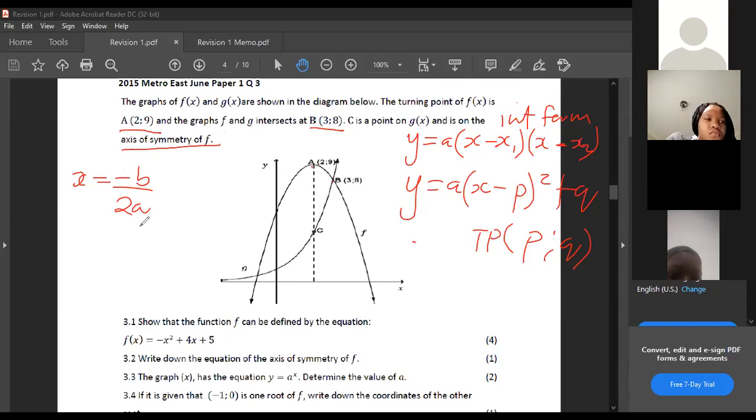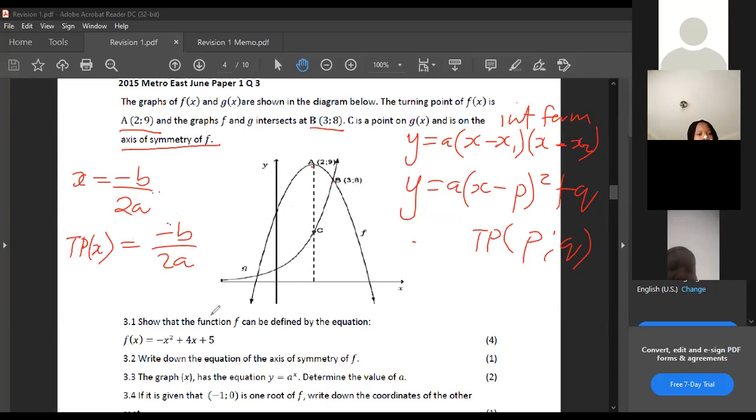But this is also how you find the x coordinate of the turning point, which is the same thing as finding the equation of the axis of symmetry. So these are the same. Why? Because the axis of symmetry passes through the turning point.